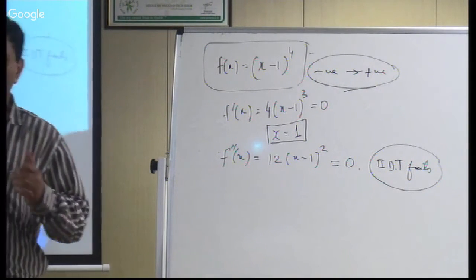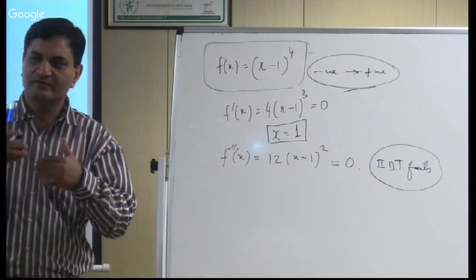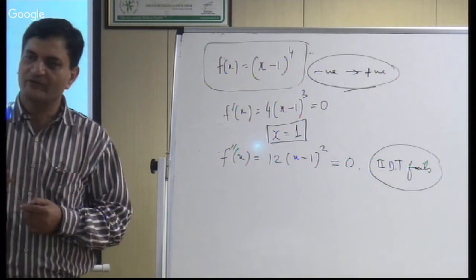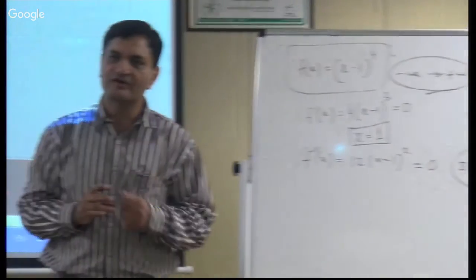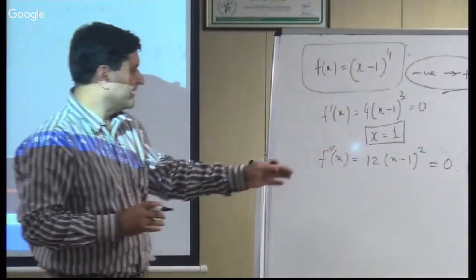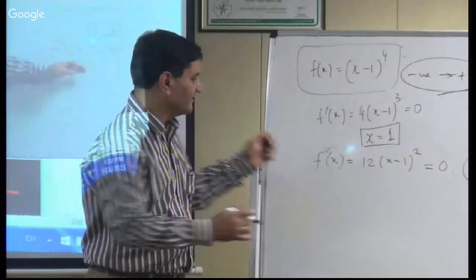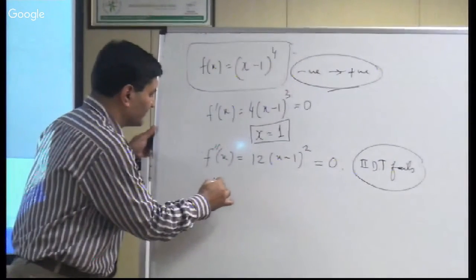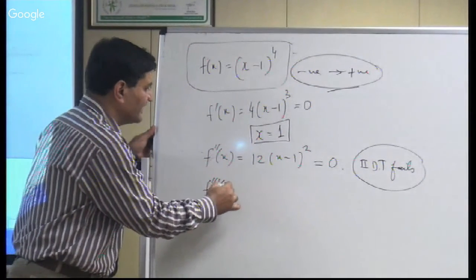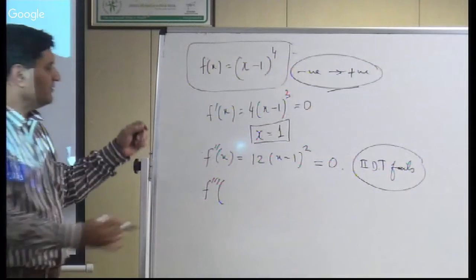Now suppose we want to use higher derivatives. We don't want to go back to the first derivative. Then what is the concept? Suppose you find the second derivative and it is equal to 0, you find the third derivative at the same point, x equal to 1.